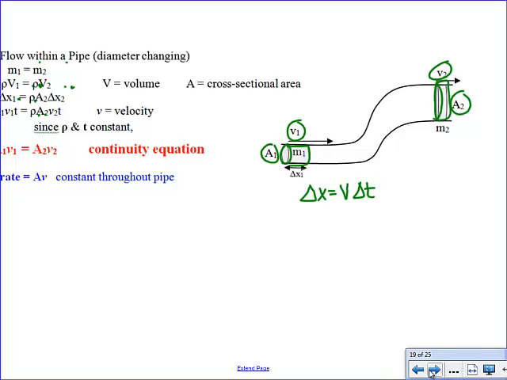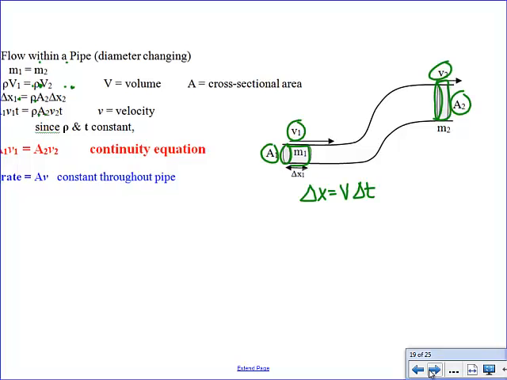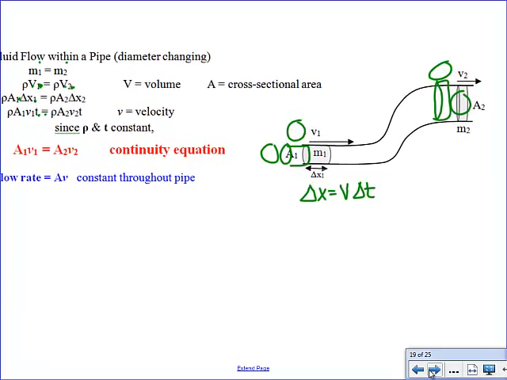And ultimately, what we have is a certain kind of continuity. If we cancel out density and time from this equation, we have that the cross-sectional area times the velocity is the same everywhere. It's constant throughout the pipe. And this cross-sectional area times velocity is called the flow rate.